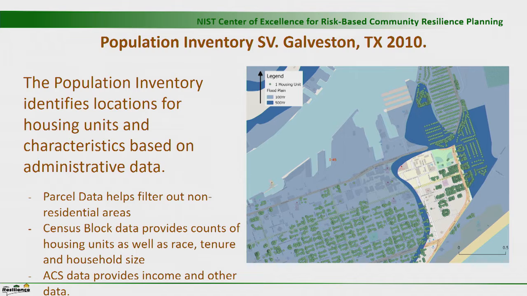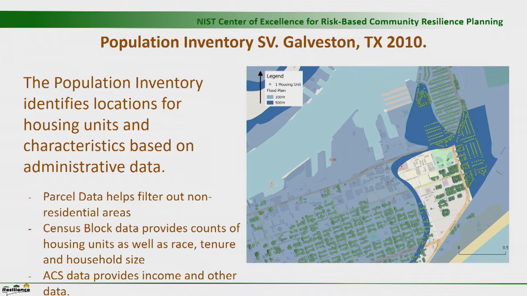We take that population inventory data, generate data on particular households and distribute those to housing units within the communities, using parcel data to filter out non-residential data, using census block data to provide counts and better understandings and linkages between social characteristics and building types, and then adding ACS, American Community Survey, data to provide more specific kinds of issues.